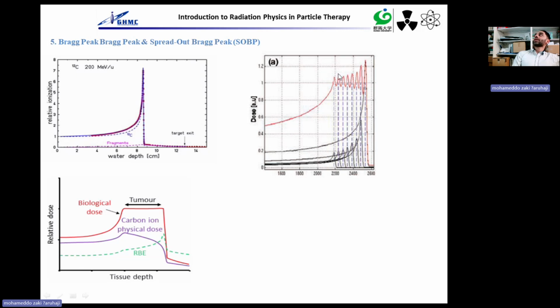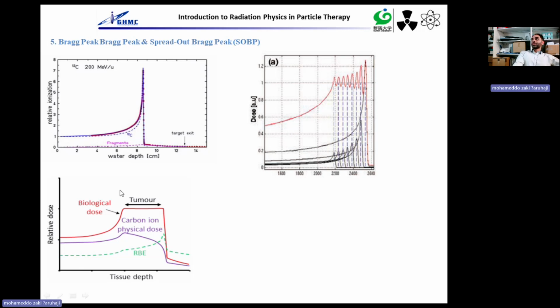Yes, so as you said, we have our target, which is the tumor over here. We want to treat from here to here. So we need to set up the width of our Bragg peak to cover the tumor size and send the energy.